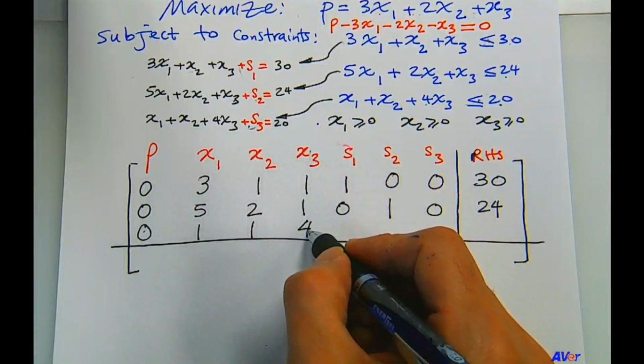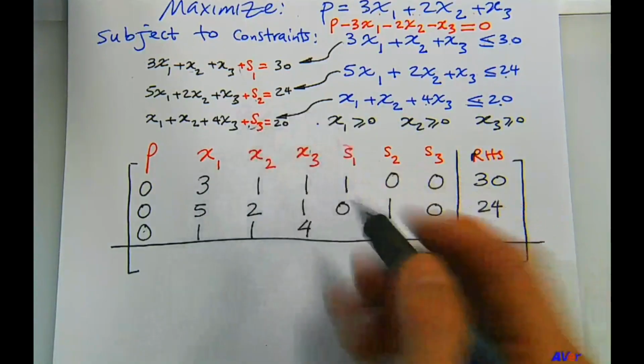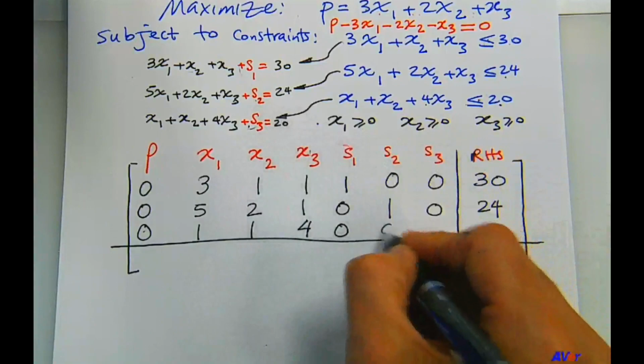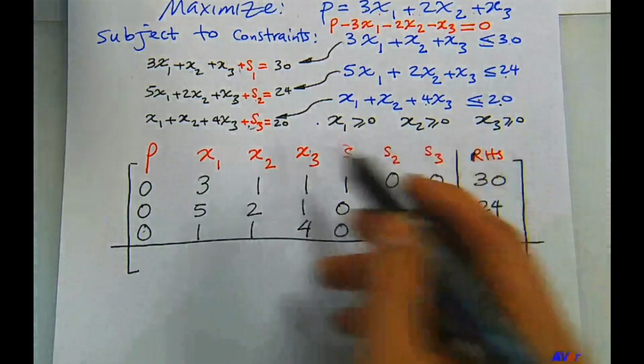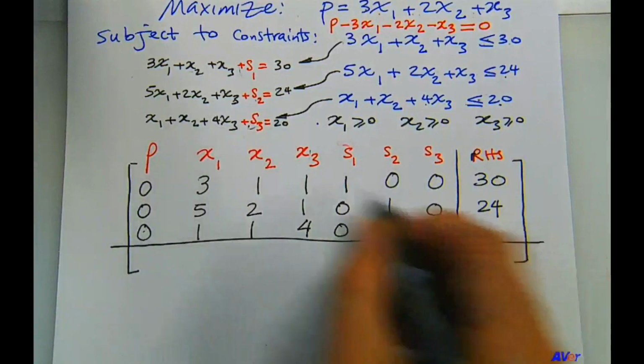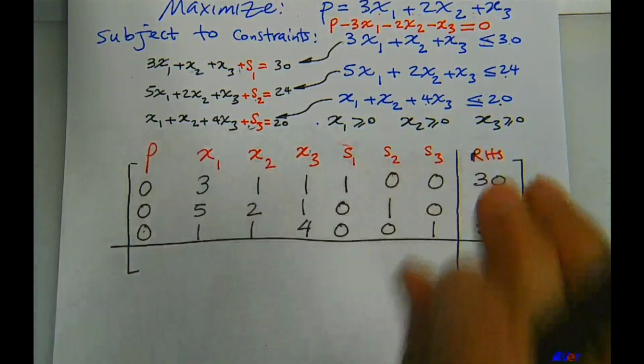There is no s1 in this equation, so 0. There is no s2 in that equation, so 0. There is an s3 with coefficient 1, so 1, and the constant is going to be on the other side. Okay, so we're done with the top rows.